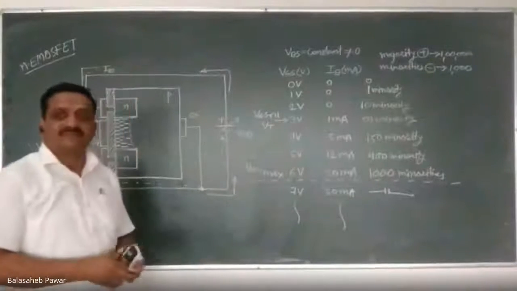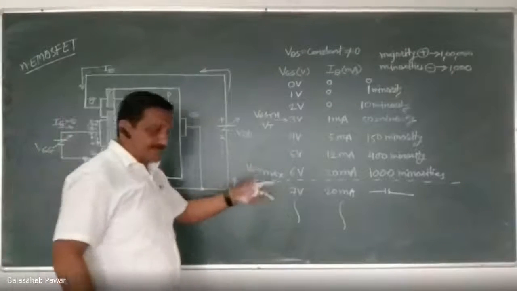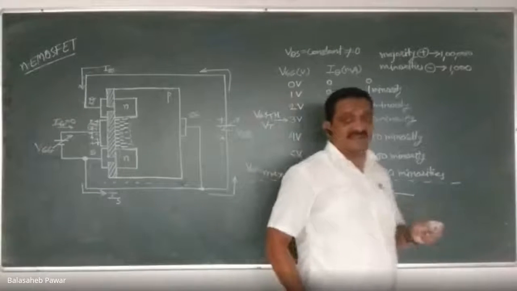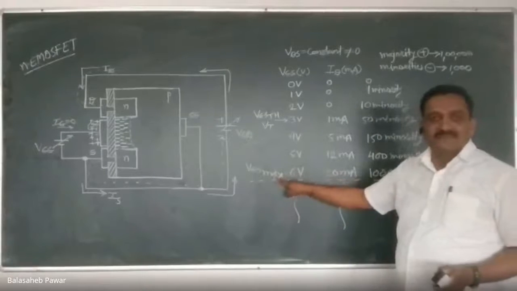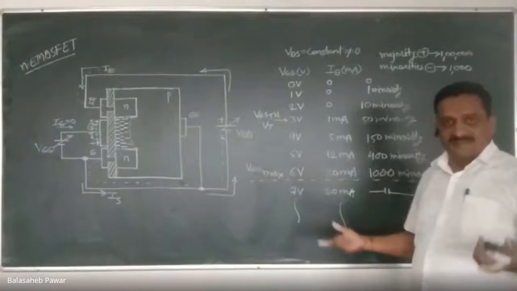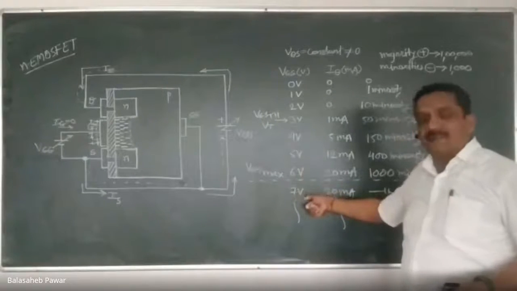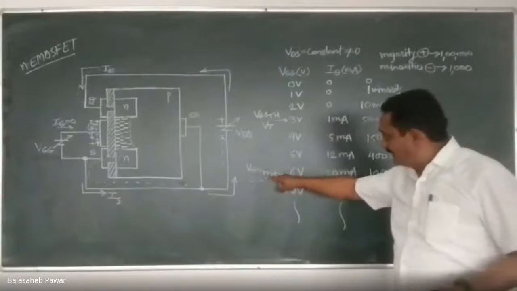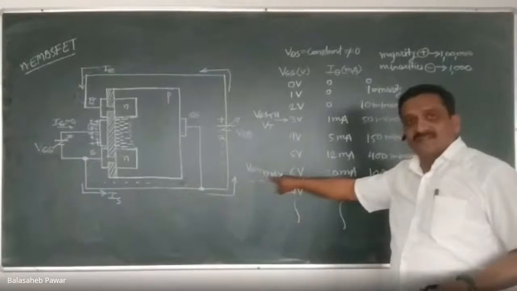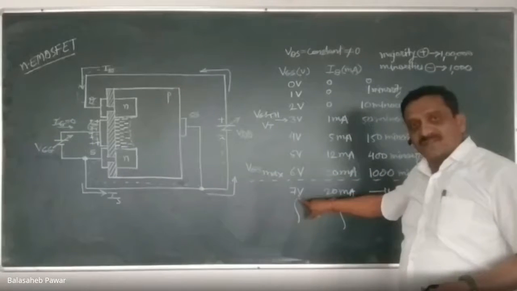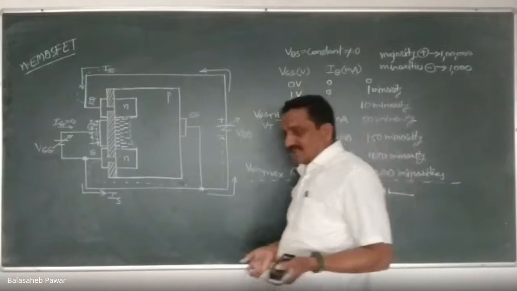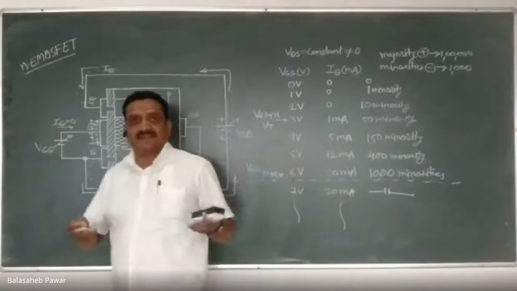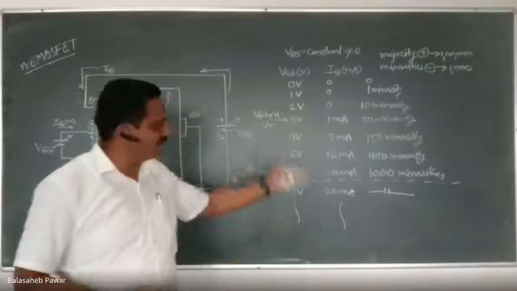So the suggestion is what? The manufacturer provides in the data sheet: don't exceed VGS beyond this given value. Why? No use, or there may be a chance of damage. If we exceed this VGS max, there is a chance of damage to the device. Also, increasing VGS beyond VGS max has no use because the current will not increase.